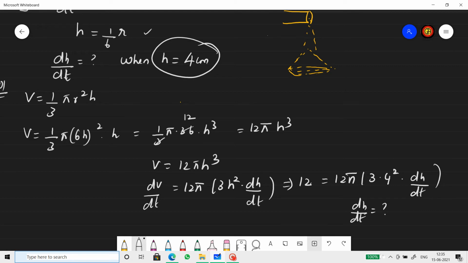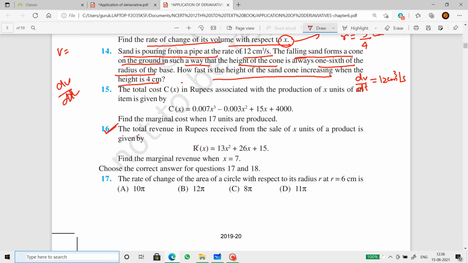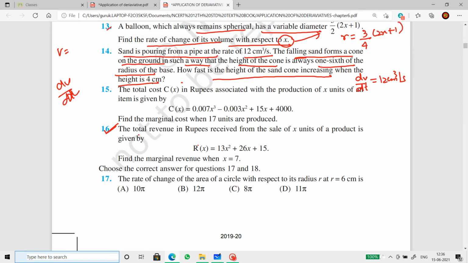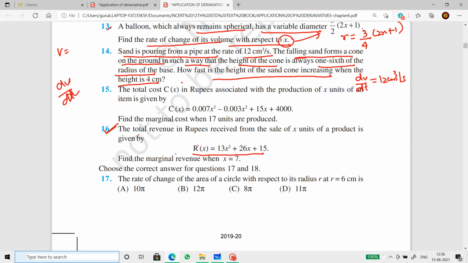Hope you understood this. The last question, 16th one. The total revenue in rupees received from sale of x units of a product is given by this. So R of x is revenue. Find the marginal revenue when x is 7. What is marginal revenue? Rate of change of revenue with respect to number of units. So what they want us to find is MR, which is d by dx of R, differentiation of revenue.